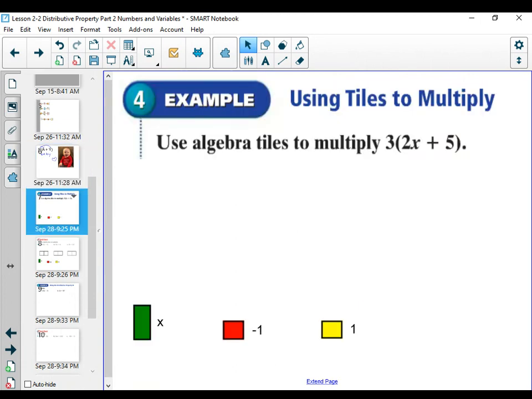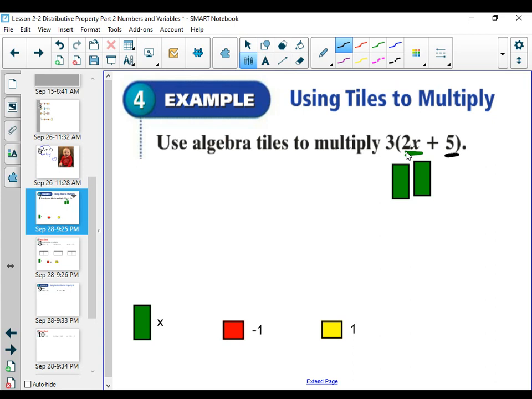On the top of your notes, it says 3 parentheses 2x plus 5. Here's another way to think about this. I have 2 things called x's. And I have 5 things called positives.